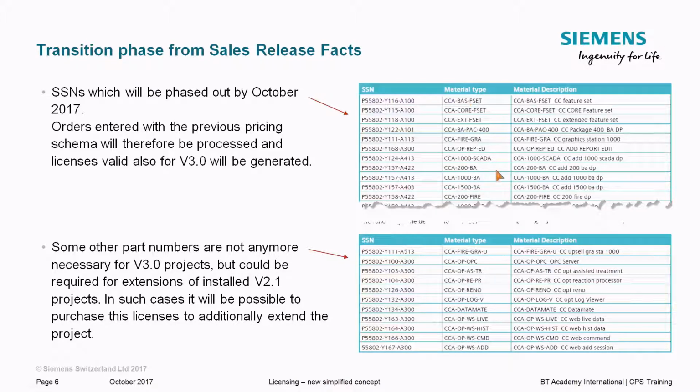They were still orderable for version 2.1, and when you order them for version 2.1, they're also valid for version 3.0 projects, okay? But with this new licensing concept, those license options are now obsolete, basically.